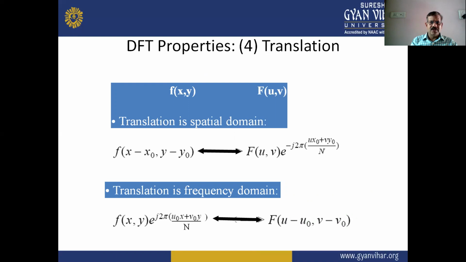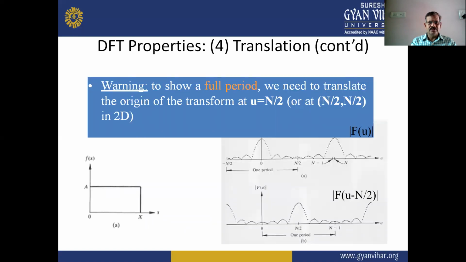So here f(x minus x naught, y minus y naught) equals F(u,v) e to the power minus j 2 pi (u x naught plus v y naught) upon n. Translation in the frequency domain: f(x,y) e to the power j 2 pi (u naught x plus v naught y) upon n transforms to F(u minus u naught, v minus v naught).